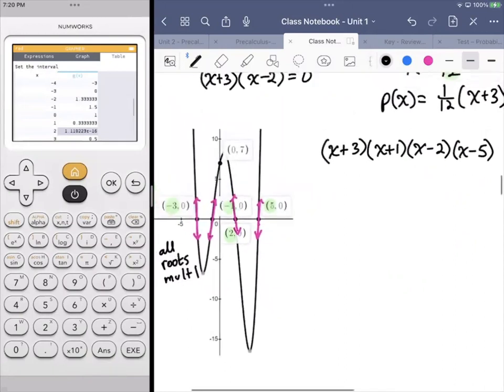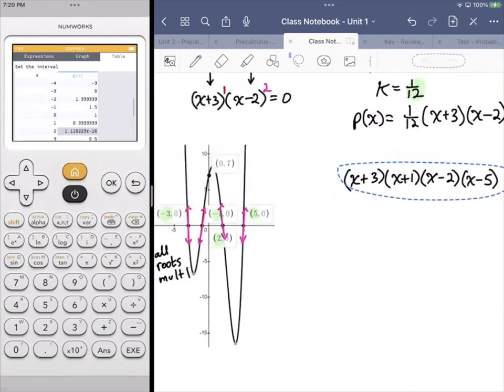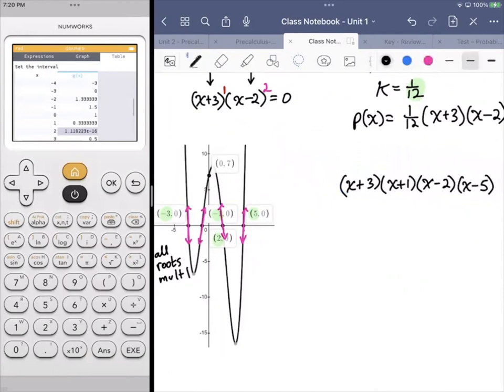Now, this is all going to be part of a polynomial function, P of x. We just don't know what the leading coefficient is supposed to be. So P of x is equal to k times a bunch of factors, like I said on the previous page. They gave us an additional coordinate, 0, 7. 0, 7 tells me that if I take, with an f there, a 0, plug it in for x, it should spit out a 7.